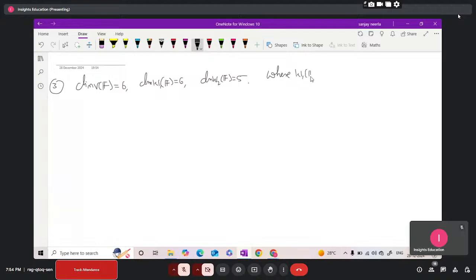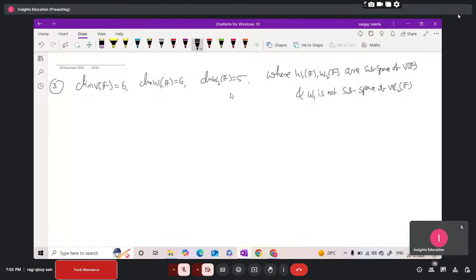W1 over F and W2 over F are two subspaces of V over F. And assume here W1 is not a subspace of W2 over F.